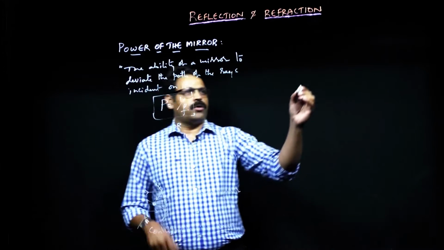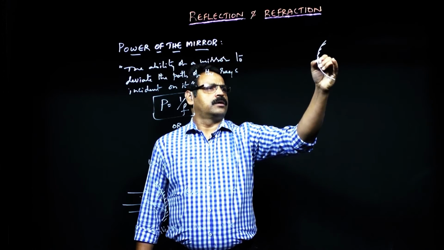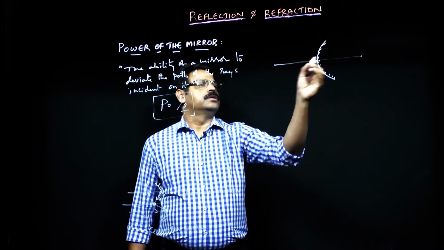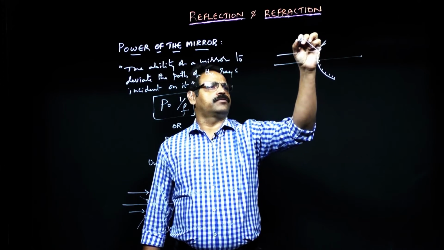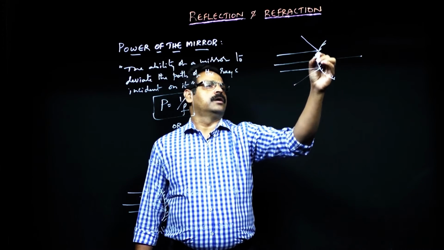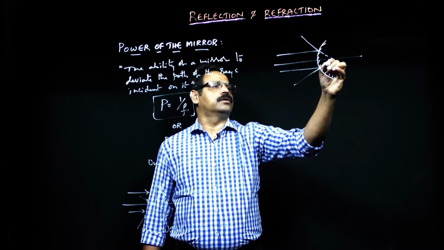Similarly, if you think of a convex mirror, the outer edge is polished. So whenever a parallel beam of light is falling on that, it will get reflected back here. If you take the extension of the reflected ray, they meet at a point here.